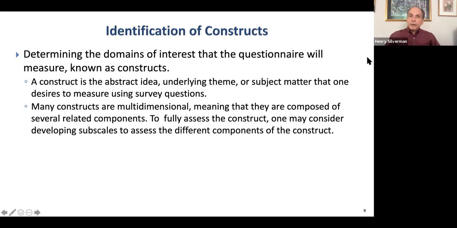Now, a construct is the abstract idea or underlying theme or the subject matter that one desires to measure by using survey questions. Now, some constructs, like for example, responsible conduct in research, may be multi-dimensional, meaning that they are composed of several related components.